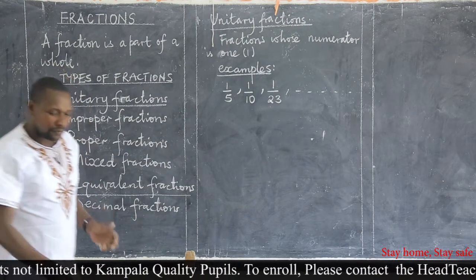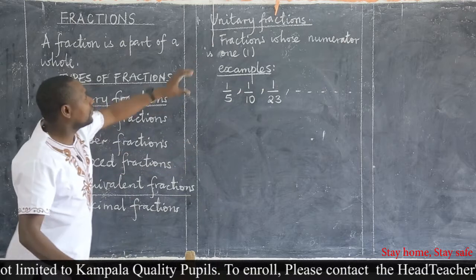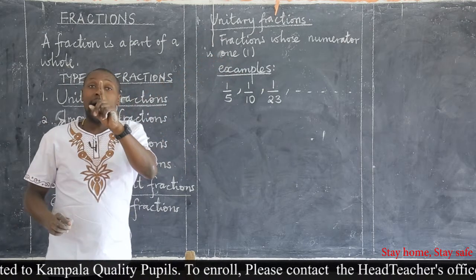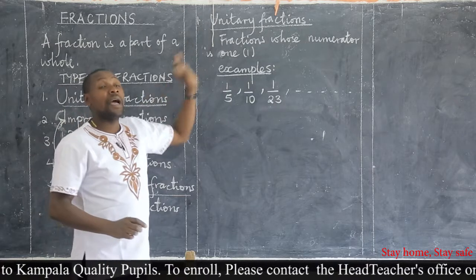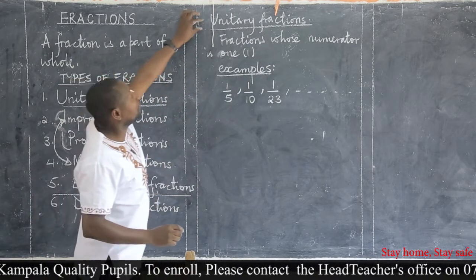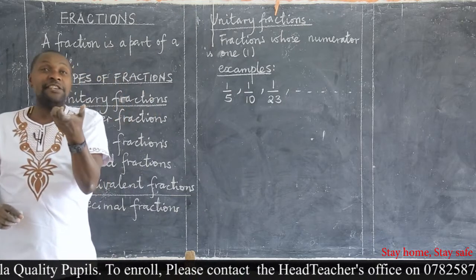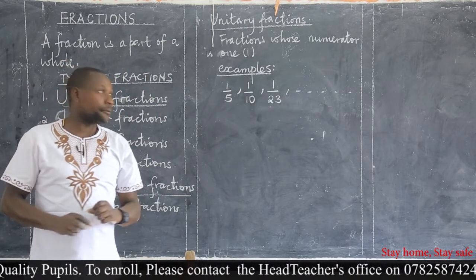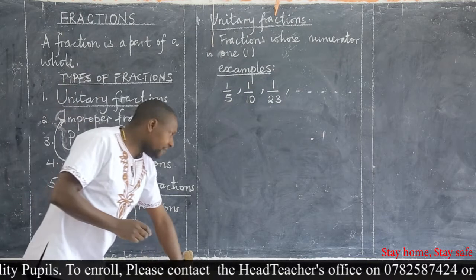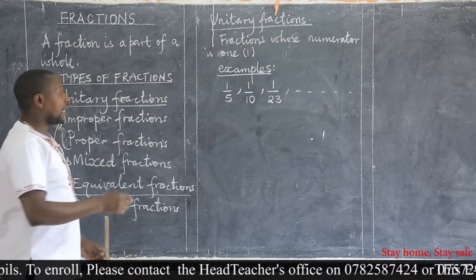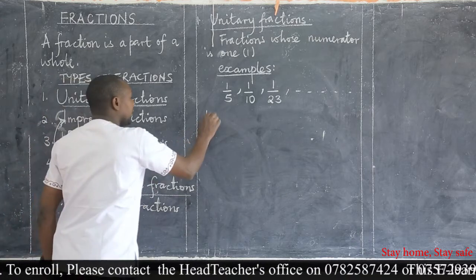Think about very many examples, as long as its numerator is 1. That qualifies to be a unitary fraction. I told you the word unitary is from the smallest word, which is called unit. Unit means 1.